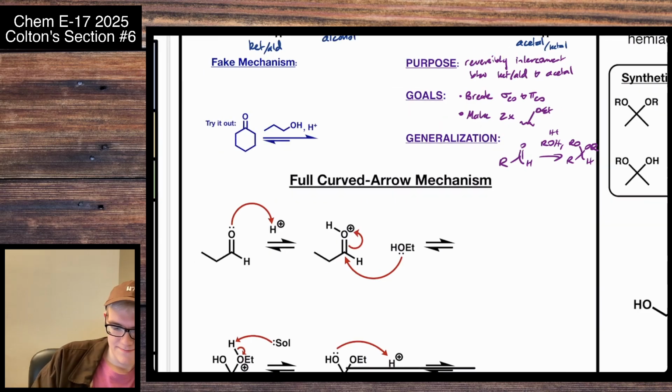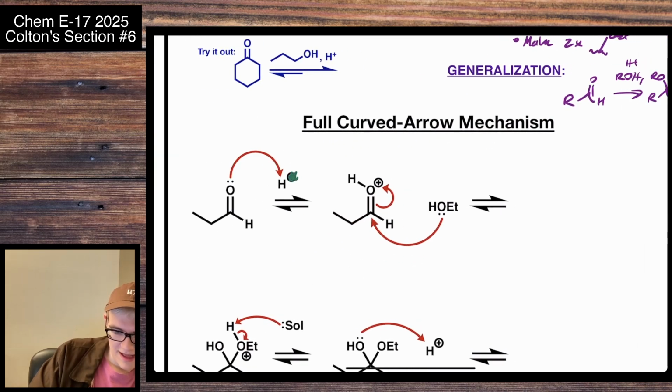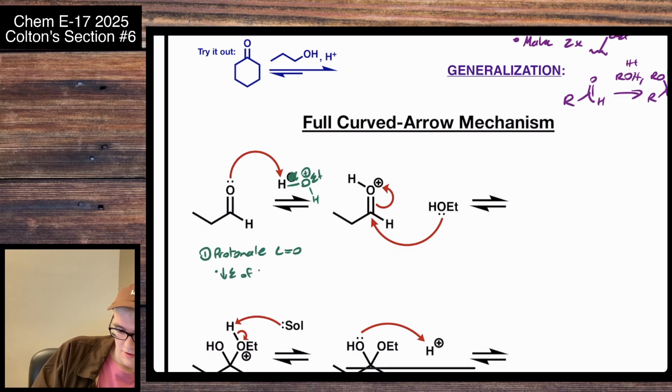So our first step, and I'll write it out for our class, we write out the specific species here. We're going to have the protonated version of our alcohol. And our first step is we protonate the carbonyl. The purpose is to lower the energy of the LUMO, that pi star CO, to make it a better electrophile.